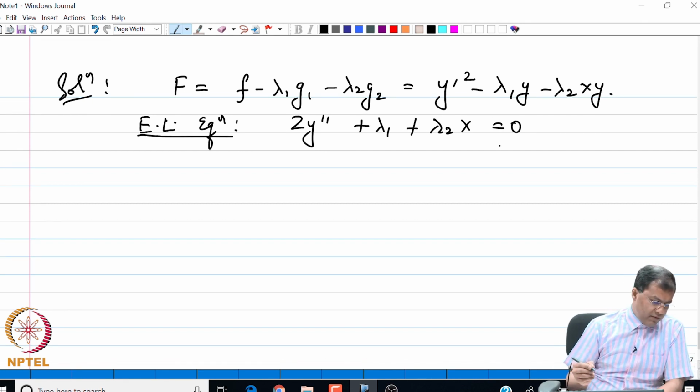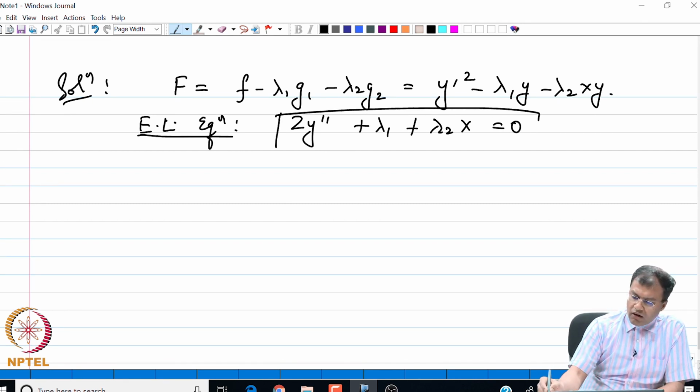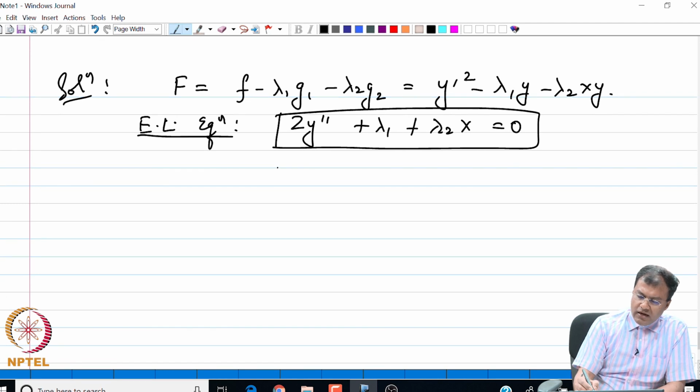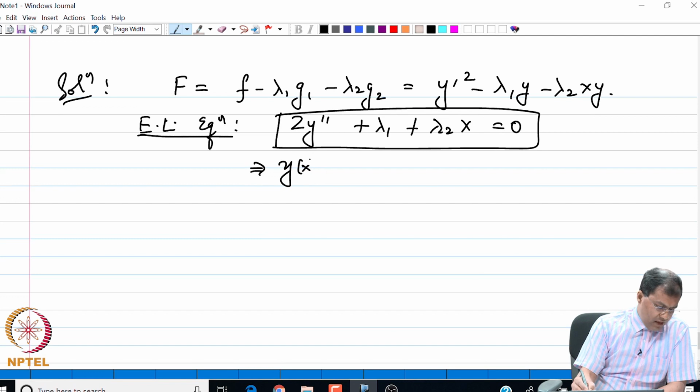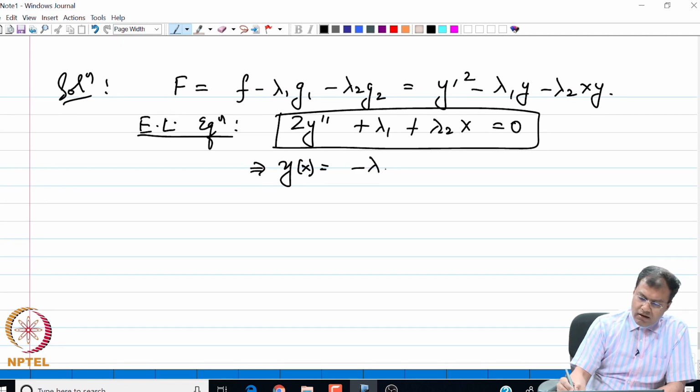We can readily solve this equation, that is integrate it twice to get that y of x is minus lambda 2 of x cube by 6 minus lambda 1 by x square by 4 plus c 1 x plus c 0.